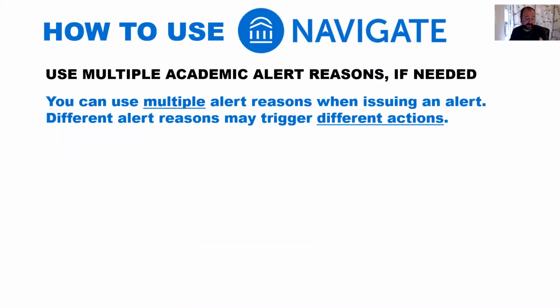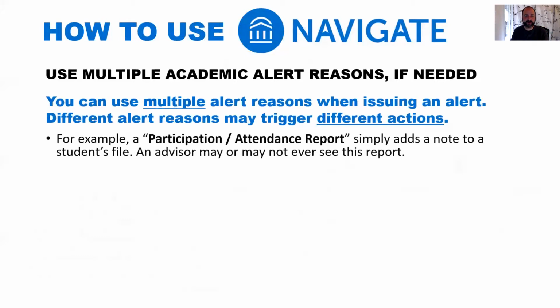Another note to mention is that when you submit an academic alert, you can and you should in various cases use multiple alert reasons. Doing so will actually escalate or give you levels or gradations of how serious the alert is. For example, if you enter a participation or attendance report, it's just going to add a note to the student's file.